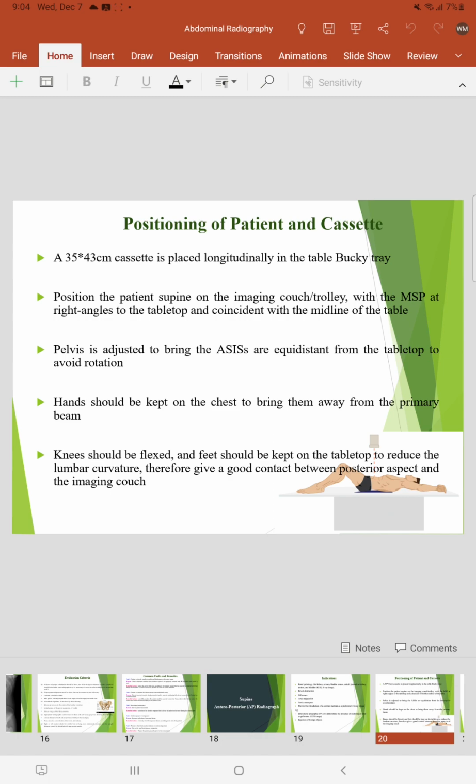Therefore, this gives a good contact between the posterior aspect and the imaging couch.